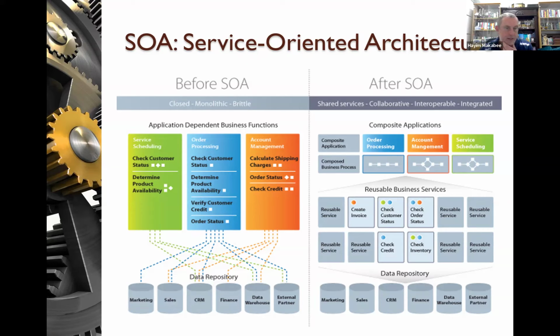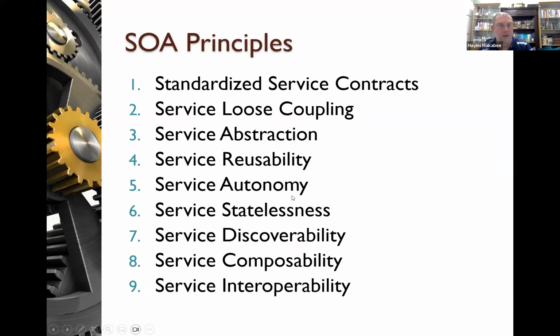And regarding service-oriented architecture, we have here the 9 principles of service-oriented architecture. This is something that you should learn. This is a homework I'm giving to you now: you need to learn about the 9 principles of service-oriented architecture.